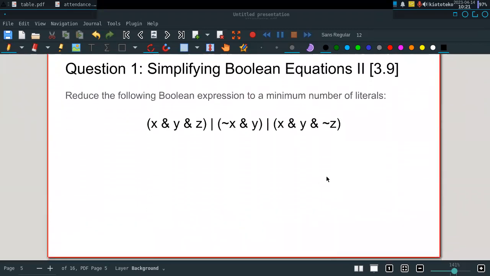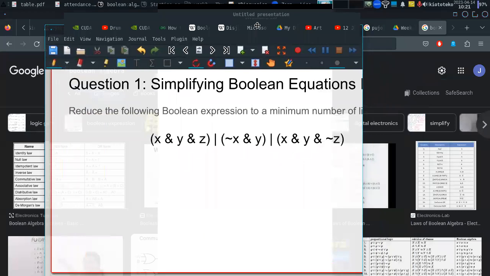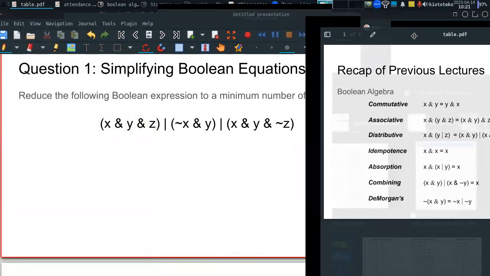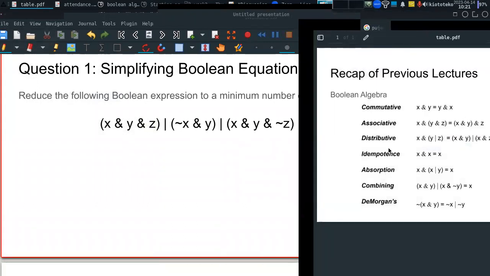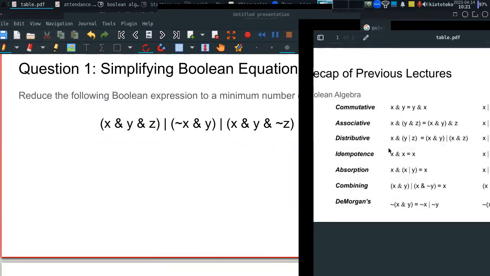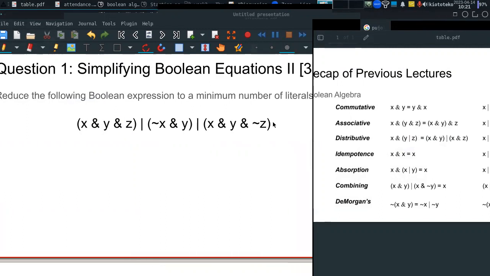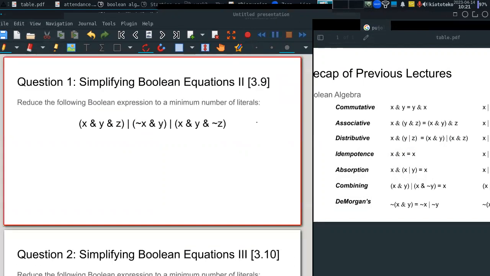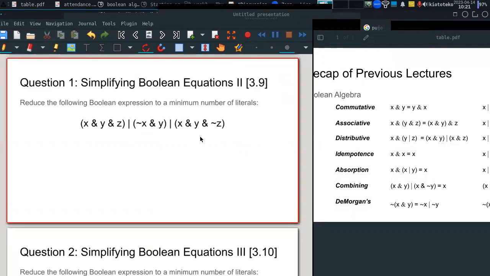So let me just try reducing this so that we can have our table. I'll only have these expressions, but remember that there's also the identity, dominance, and inverse laws that I just annotated there.